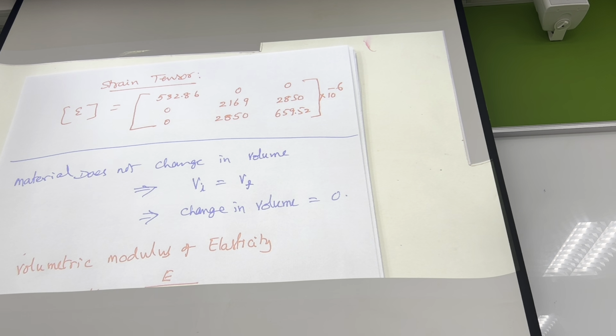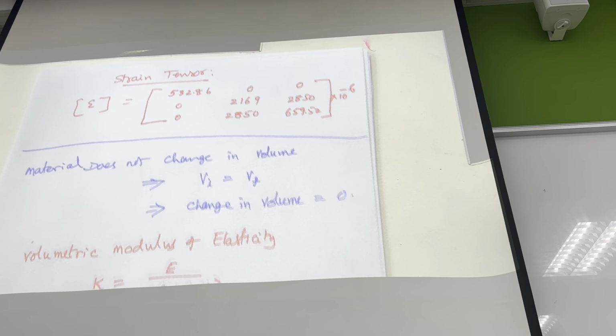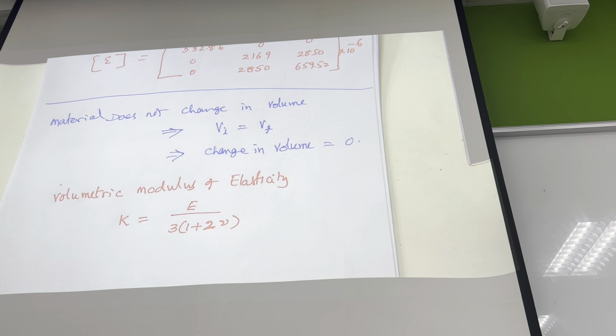So this is the material property relationship K. And we know this is equivalent to the mean stress over the volumetric strain.